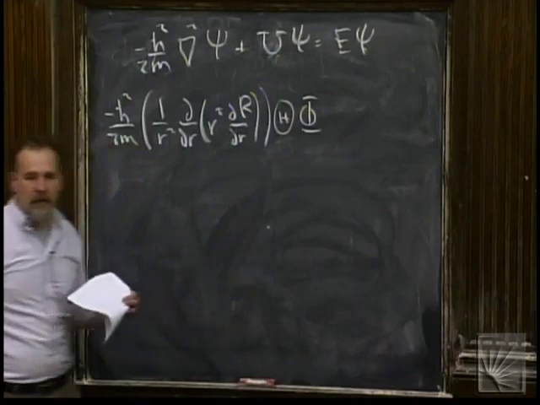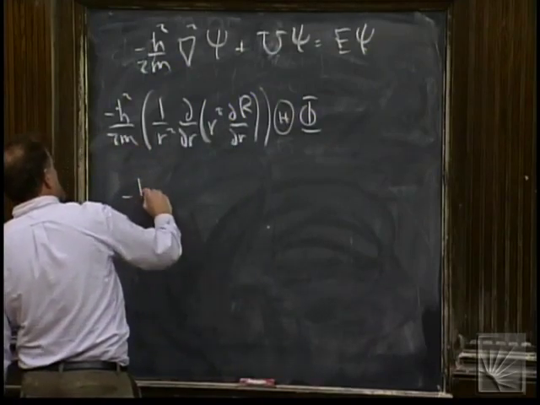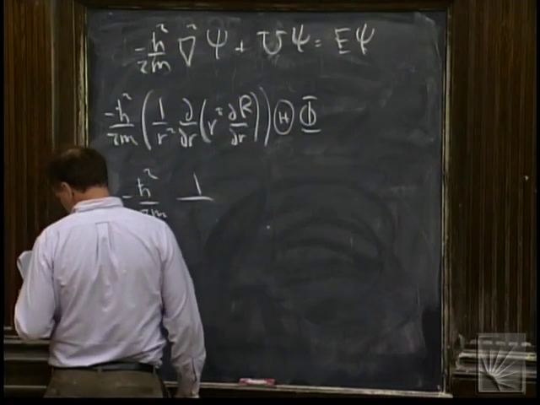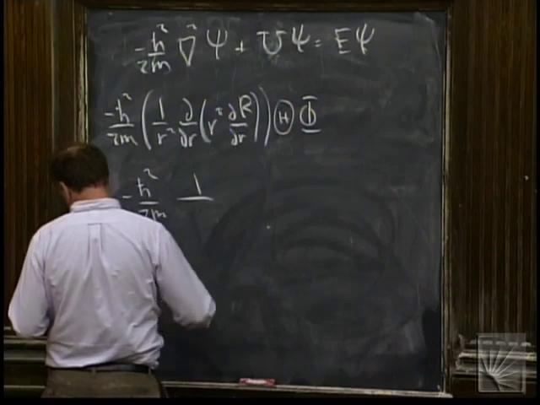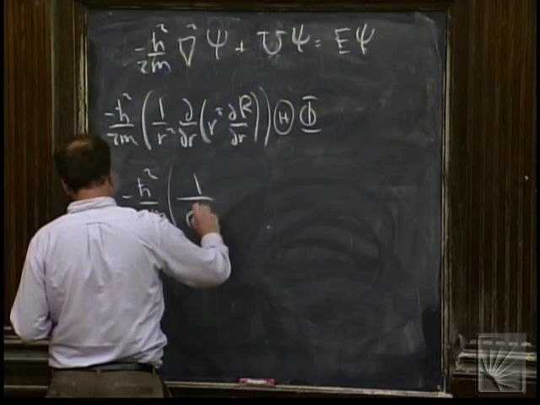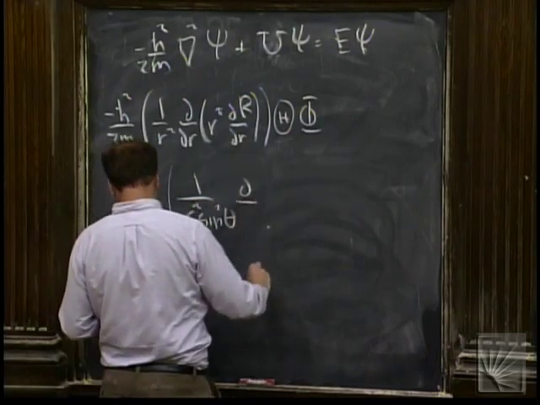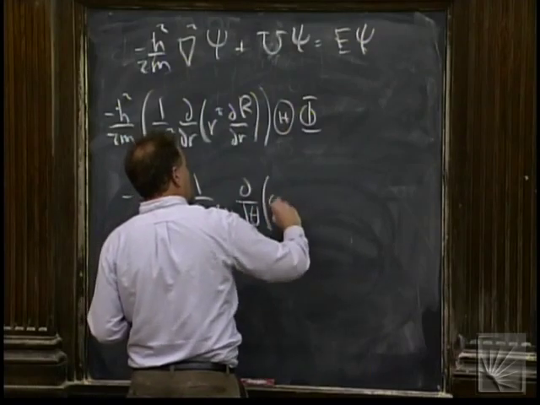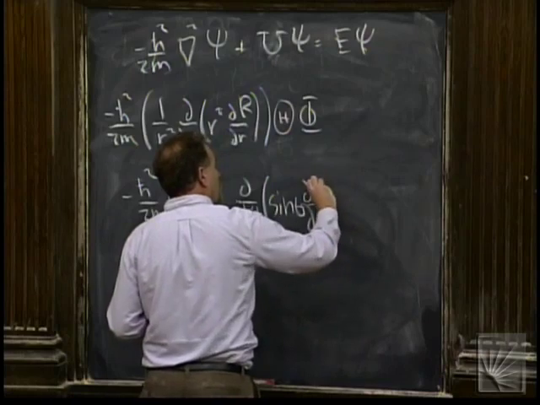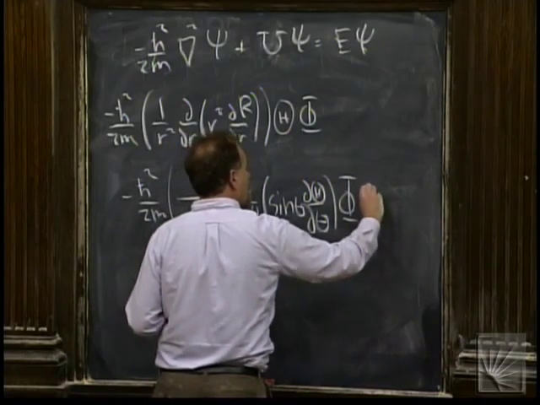Often I divide it out, but here I'm just going to leave them in. Minus h bar squared over 2m, 1 over, here I'm going to combine two terms, r squared sine squared theta, d by d theta, sine theta d by d theta of theta, and phi goes along for the ride, and so does r.